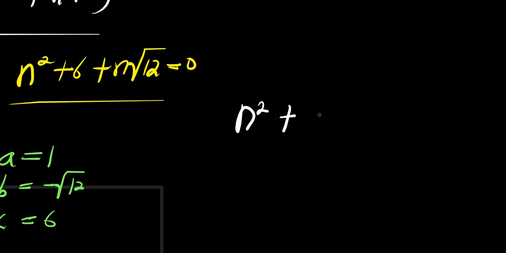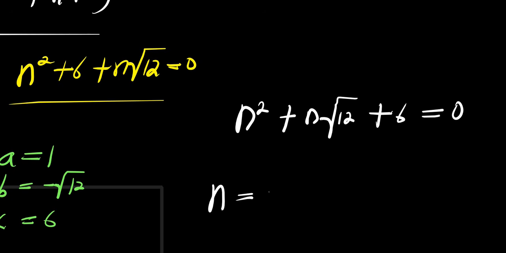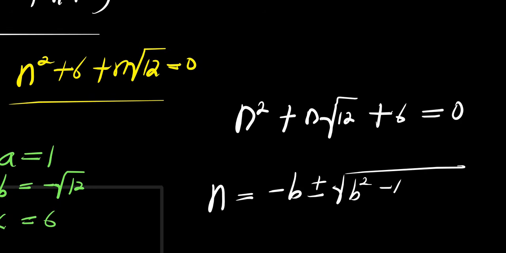We have n squared plus n times root 12 plus 6 equals 0. To solve this, consider using the same formula method. We have n equals negative b plus or minus the square root of b squared minus 4ac, divided by 2a.